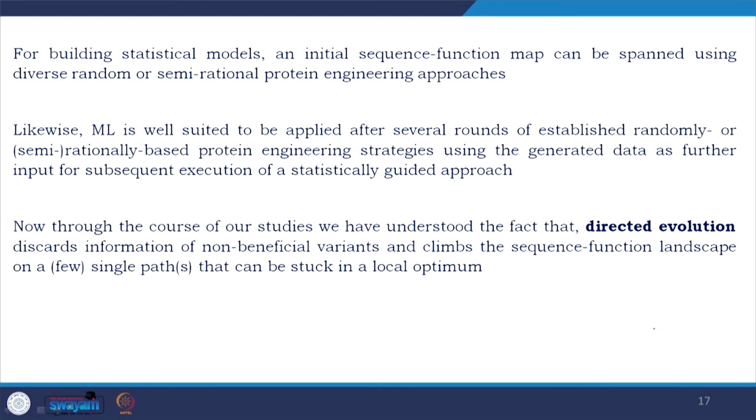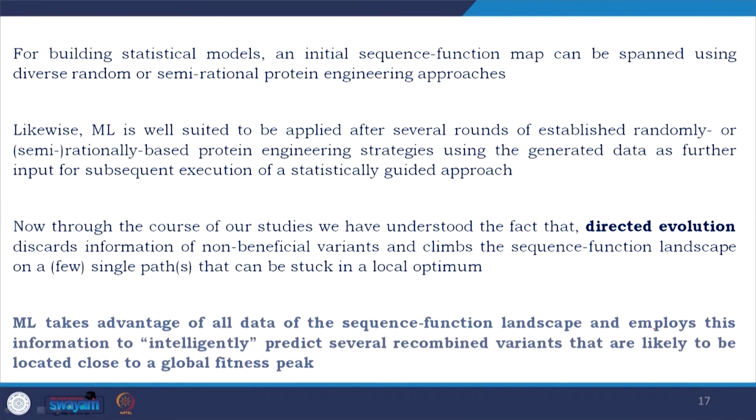So, if you look at nature, it makes evolution, and according to Charles Darwin, it is the survival of the fittest. So, if you combine those, you will get that directed evolution goes into one track. So, there is a possibility that it could be stuck in the local optimum.